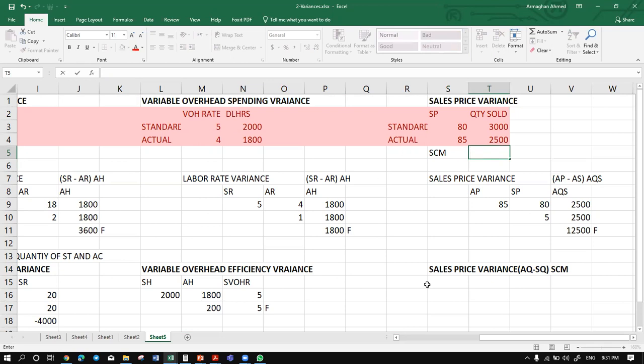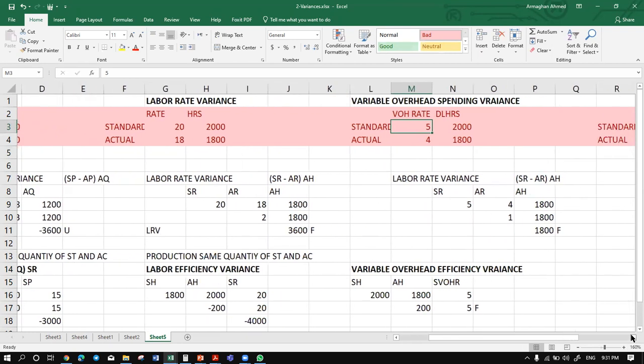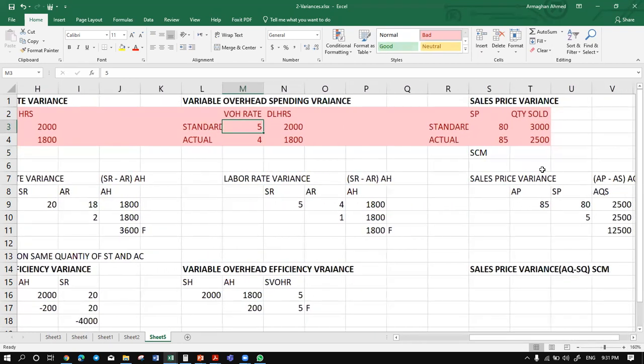See here, how much do we have for material price? Standard 15. Labor rate 20, which becomes 35. Variable overhead 5, which becomes 40. So how much will the standard contribution margin be? Standard sales is 80.